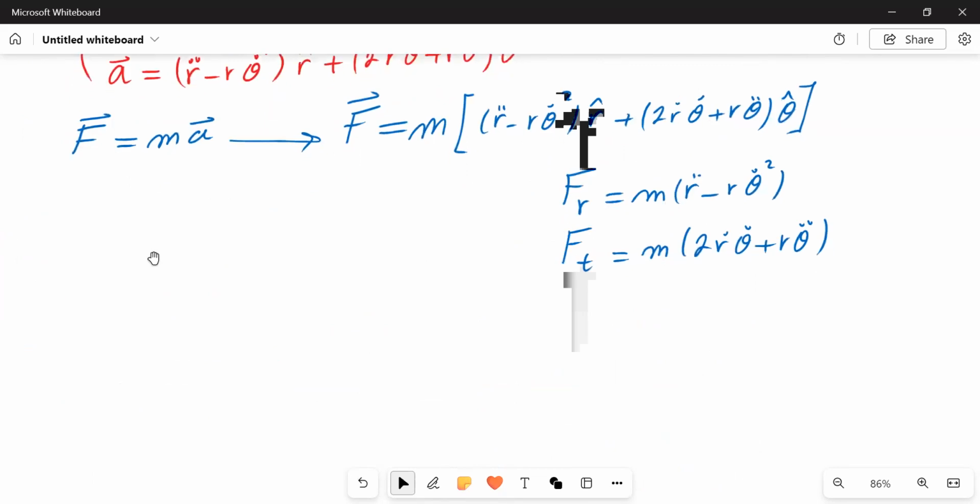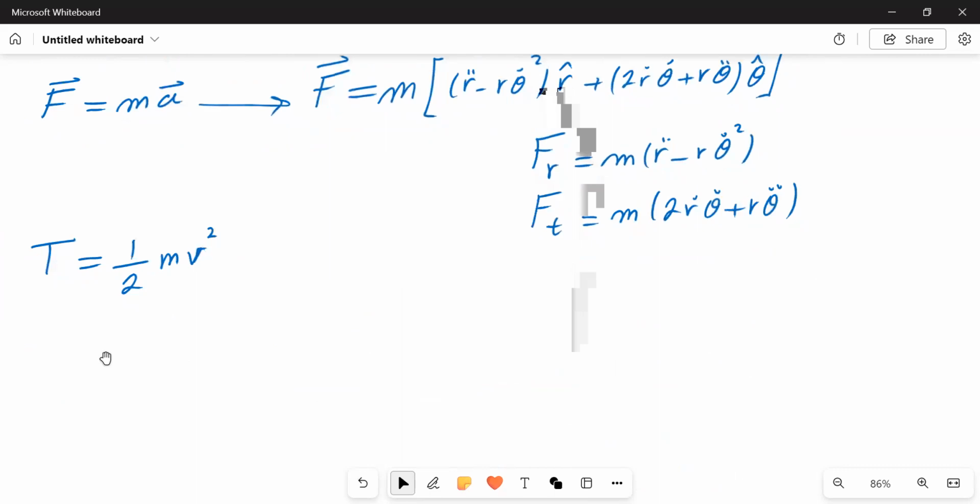As another example, let's look into, for instance, the form of the kinetic energy of a particle T in plane polar coordinates. Well, the kinetic energy is just 1/2 mv squared. So I can write this in terms of the plane polar coordinates as 1/2 m times the square of the velocity.